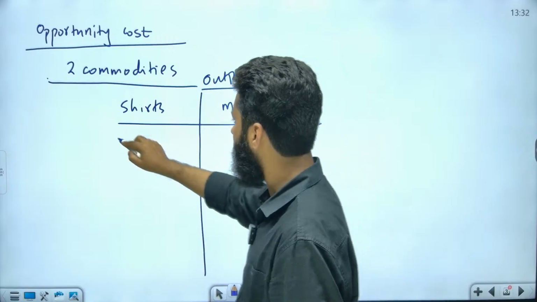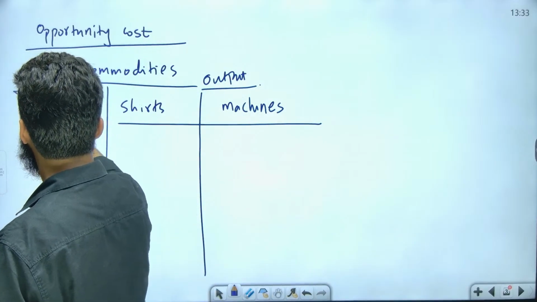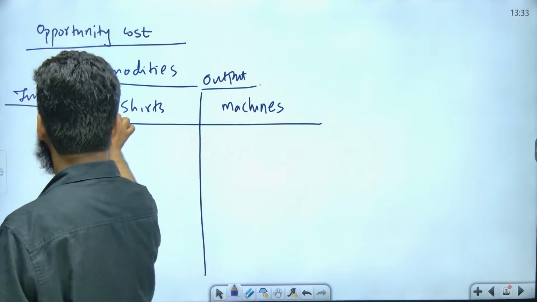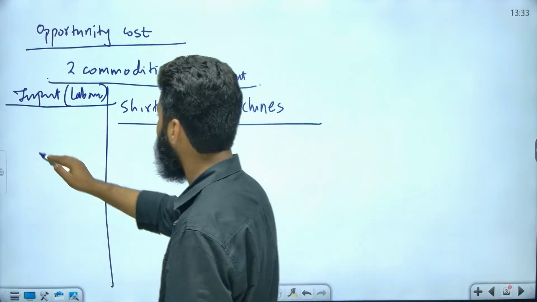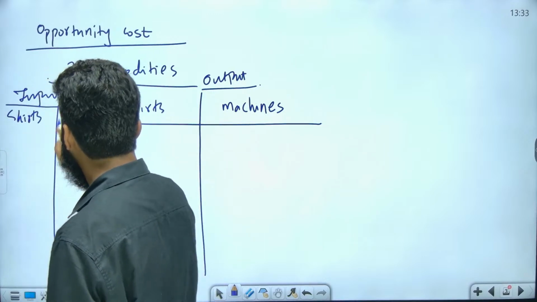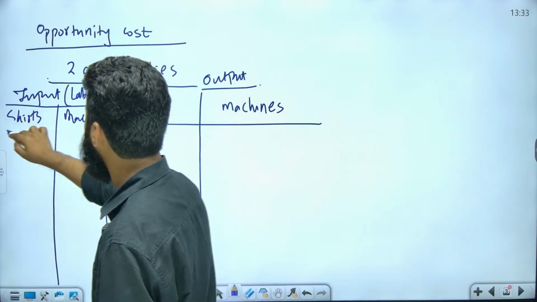And here suppose we are talking about some inputs. Suppose we take labor as an input, and we are diverting labor from shirts to machines. So labor for shirts and labor for machines. I hope you are able to understand this table.